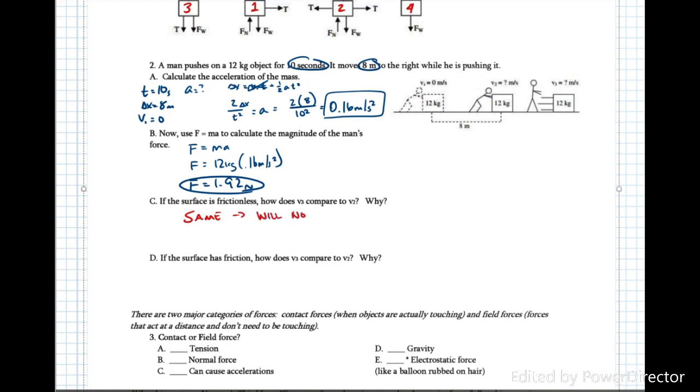No friction, no slowing down. The surface has friction. How do they compare? Well, if the surface has friction, then the object's going to slow down between V2 and V3. Friction is what's going to slow it down. Without friction, it would go on forever.